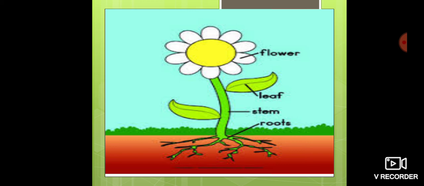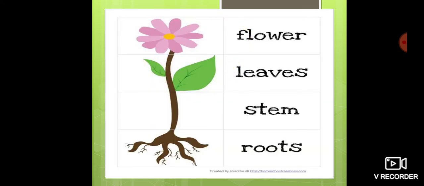Say after me. Roots, stem, leaf. Both of them are leaves, and flower. Okay? Here, roots, stem, the brown one is called stem, leaves, flower.